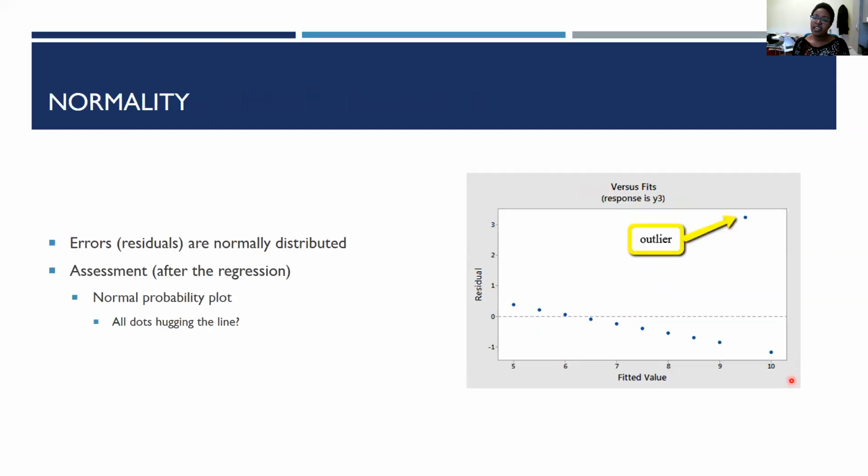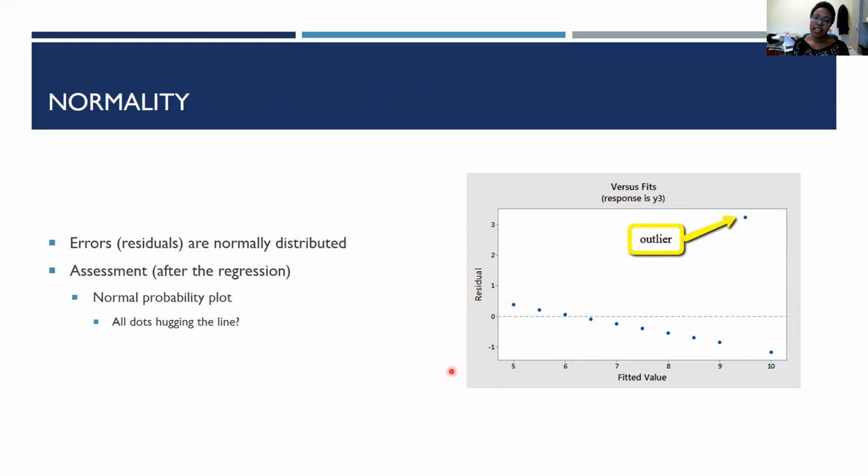So that's independence. Our next assumption is normality, and this is the same one. Our errors should be normally distributed. After the regression, you can check this by looking at the residual versus the predicted values plot, right? This is where you're looking for that even scatter, but you can also see outliers on this type of plot.